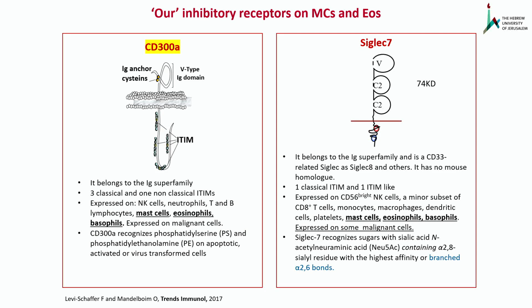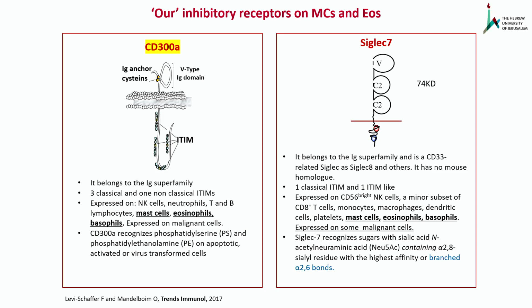Quickly, in my lecture, I will now concentrate on one of the inhibitory receptors we found expressed both on mast cells and eosinophils, and try to link it at the end with resolution of inflammation. Now, CD300A belongs to the immunoglobulin superfamily of inhibitory receptors. It has ITIMs.